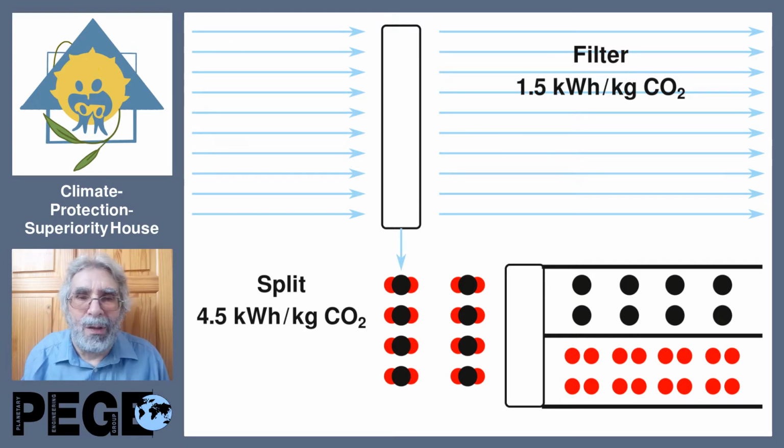Very simple. We know how much electricity we will need to capture 1 kilo CO2 from the atmosphere and to split it in carbon and oxygen again. It's 6 kilowatt hours. So we just calculate every CO2 emissions with 6 kilowatt hours per kilo CO2.